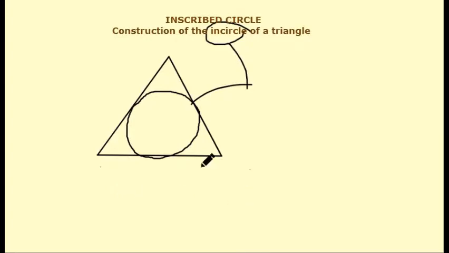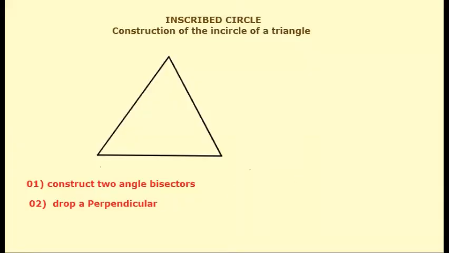Before we construct the incircle, let's see what key points we need to know to draw it. The first thing is to construct two angle bisectors.